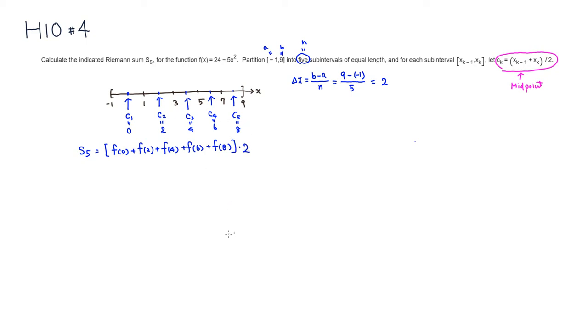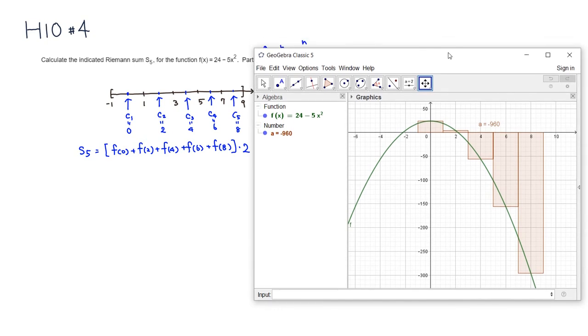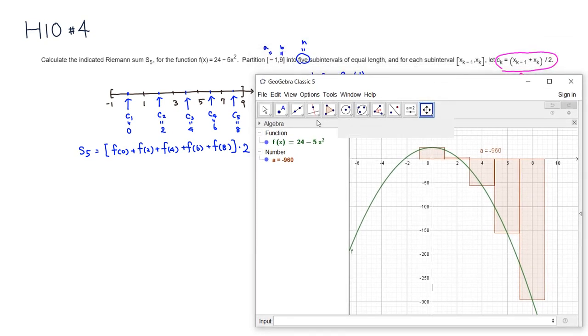I'm going to actually use GeoGebra here. I also drew a picture of those rectangles, so it computes the value for me too. I'm supposed to get negative 960, but I'm going to actually compute this.